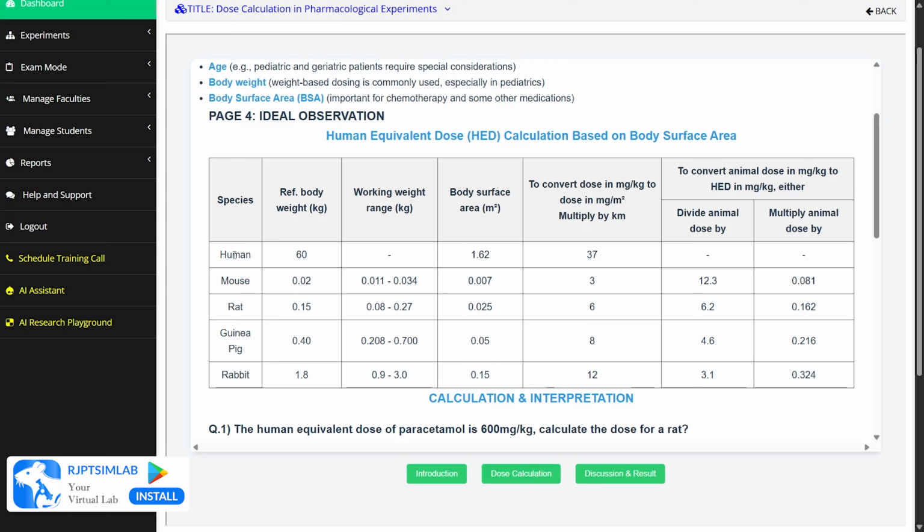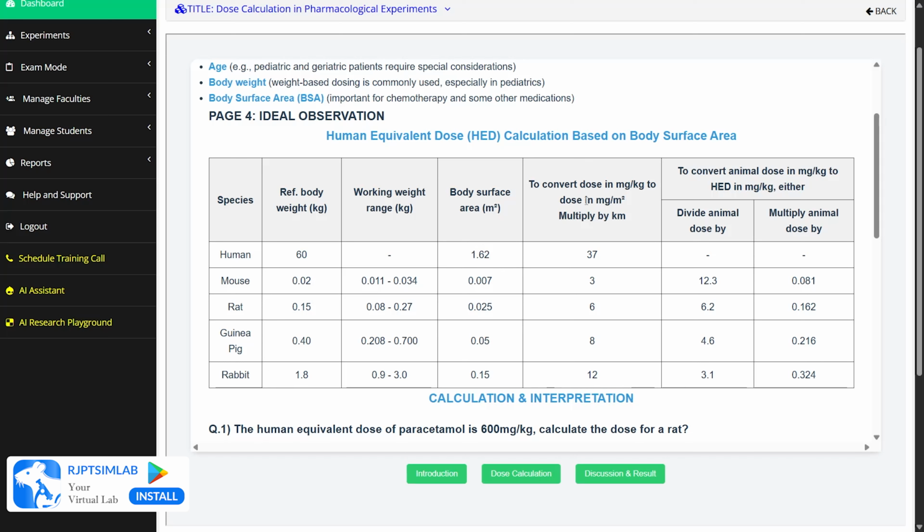Let us see the first one. For the human species, the average body weight is 60 kilograms and it ranges from 50 to 80. As we know, 60 is an average weight for a human. And the body surface area is 1.62 meters square. This is also an average body surface area.